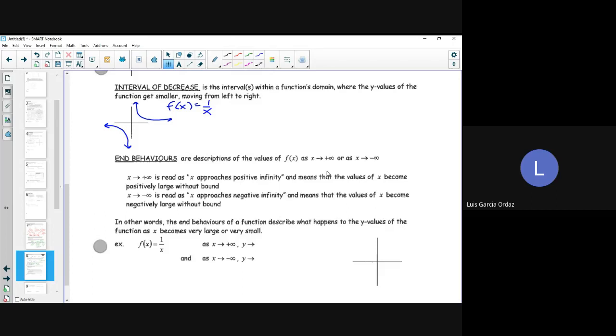So what would the interval of decrease be for f of x equal to 1 over x? Infinity. Okay, so we're going to do the interval of decrease.